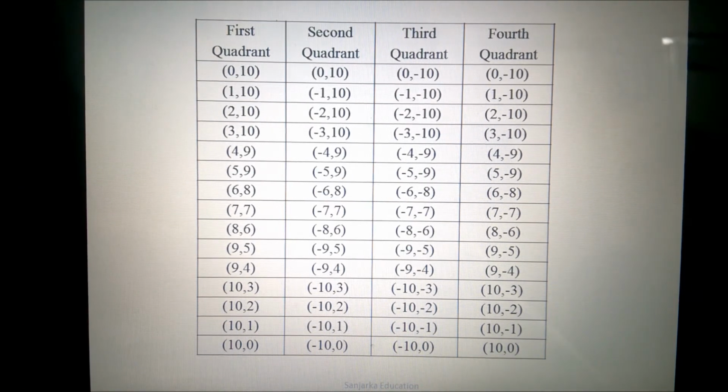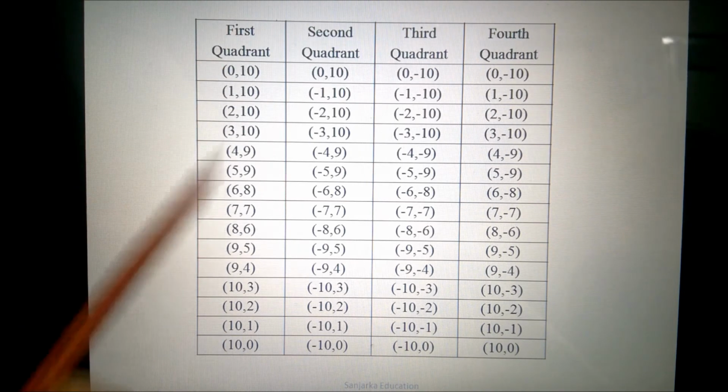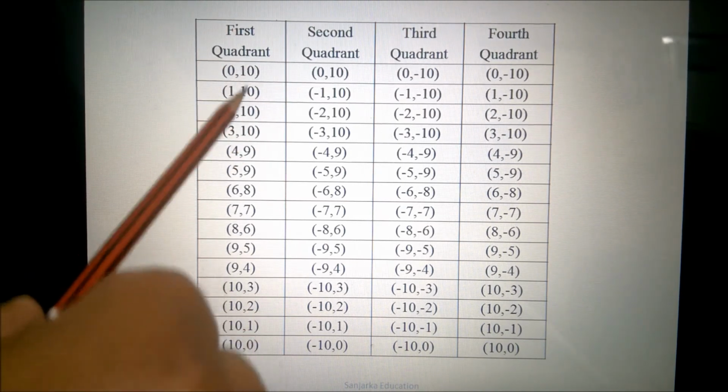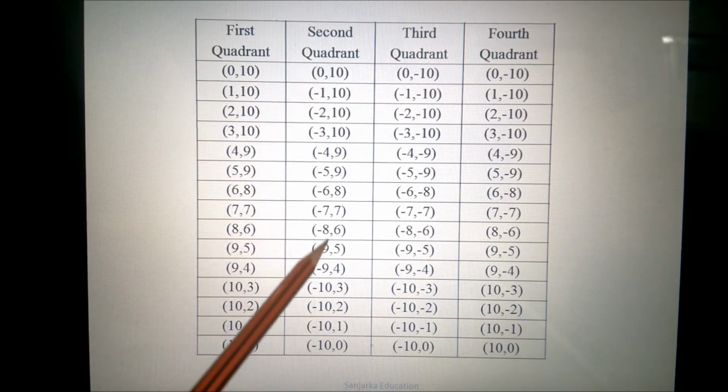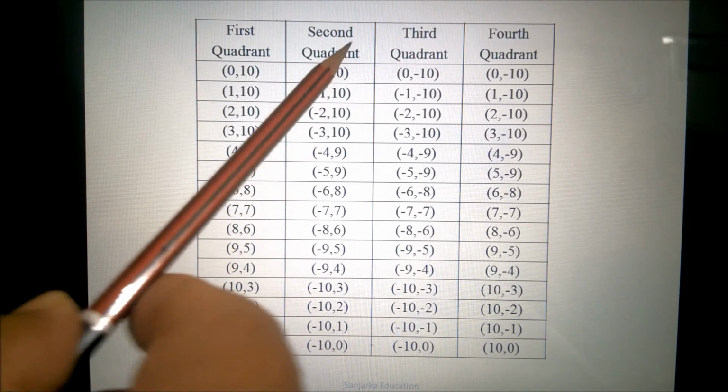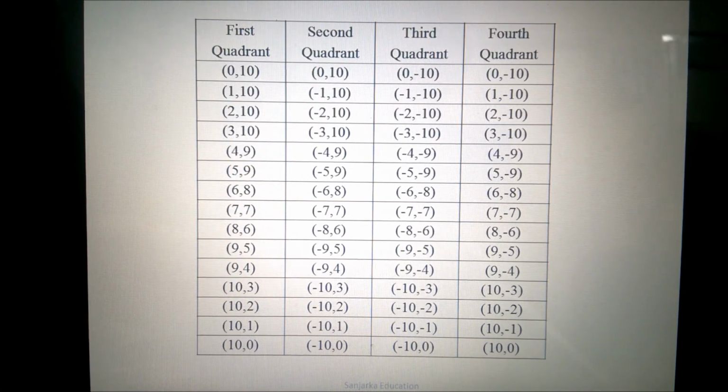And to find the pixel coordinates in the second quadrant, we know that in the second quadrant x is negative and the y coordinate is positive. Therefore, all these x coordinates will be made negative and the y coordinate will remain the same. That is what we are doing here. In the third quadrant, we know that the x coordinate and the y coordinate are both negative.